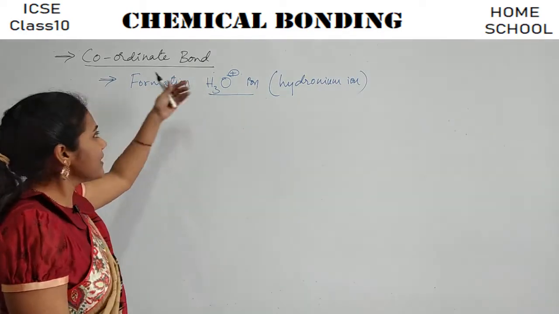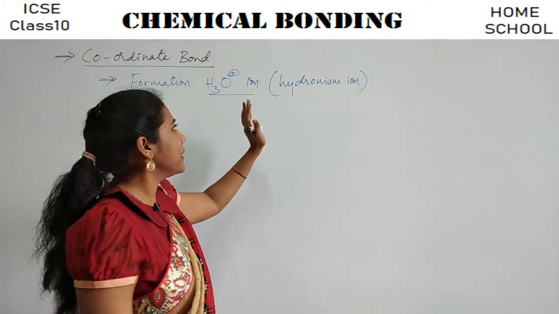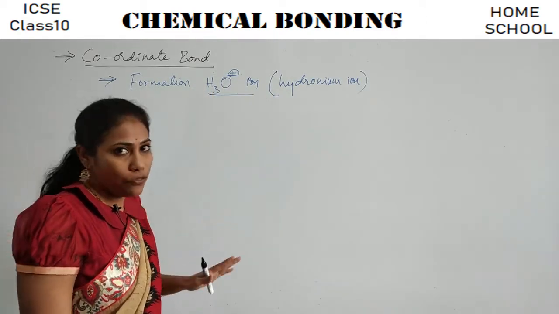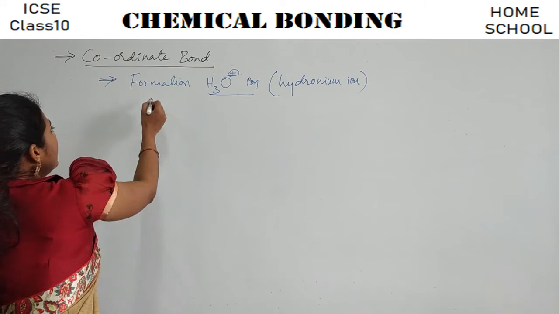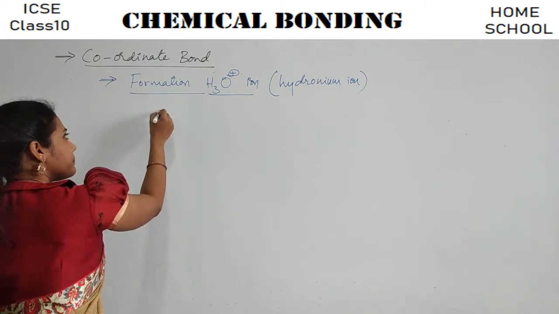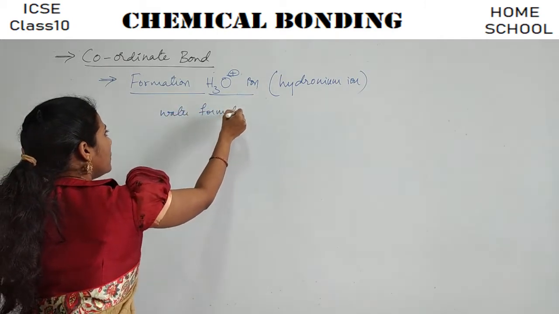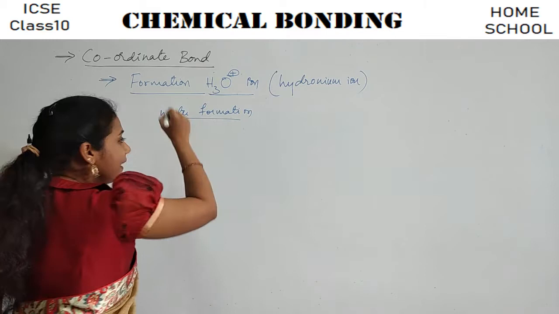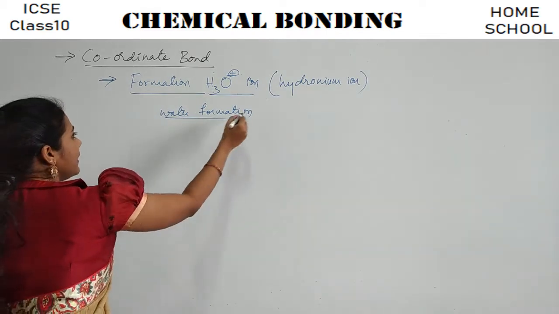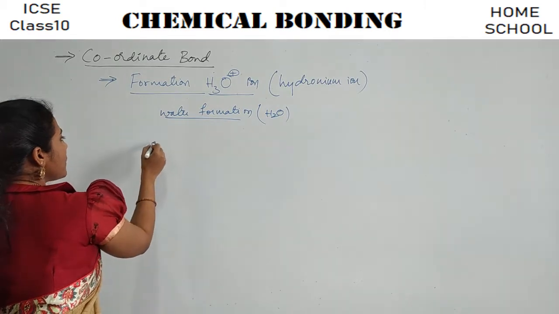So just imagine this is one sort of ion that is getting formed, which involves coordinate bond formation. You all know how water formation takes place, right? Water is formed by covalent bonding, right? Water in the sense H2O, isn't it? How is H2O formed?